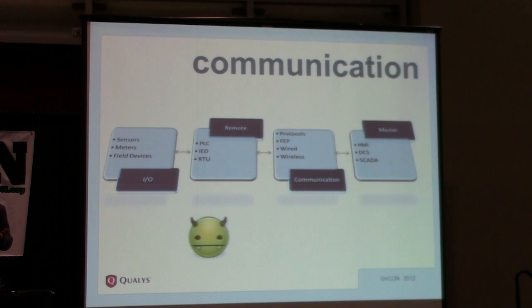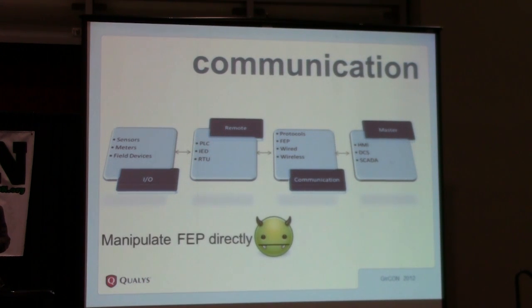Let's look at some of the communication threats. So threats which are in this component. As I mentioned, there are at least two dozen, three dozen different SCADA protocols. And if you manipulate those protocols, what an attacker could do is give a wrong impression to the control center of what is happening in the field.